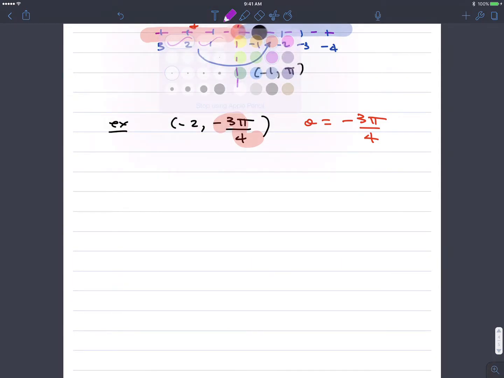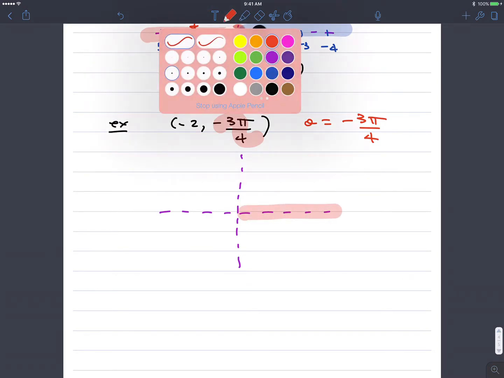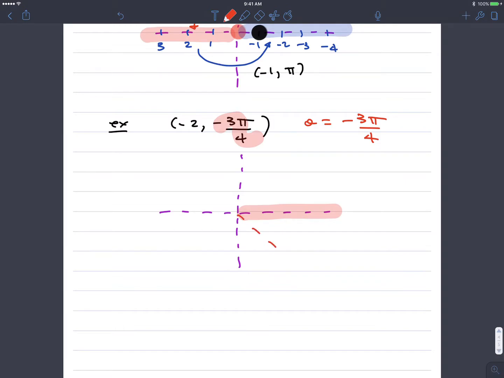Alrighty. Let's sketch this. I've got to know where negative 3 pi over 4 is, so I'm going to have to rotate the polar axis, right? Negative 3 pi over 4. How does that look? Well, I already know this is negative 1 pi over 4. Oh, I think I've seen this before.